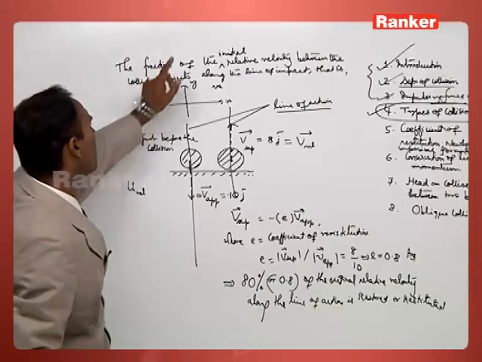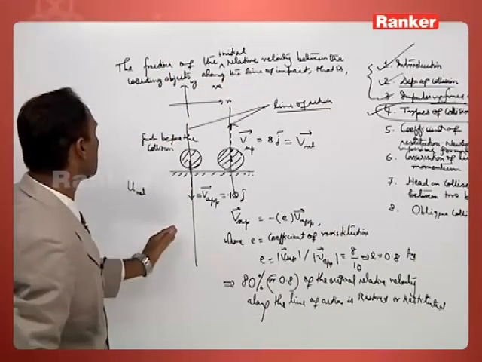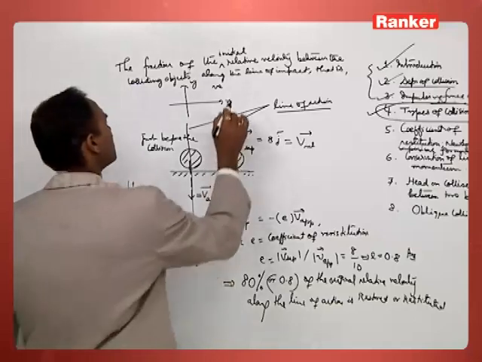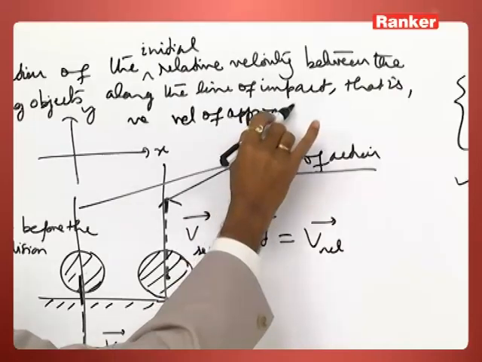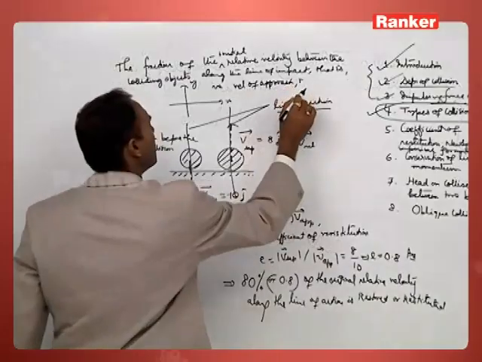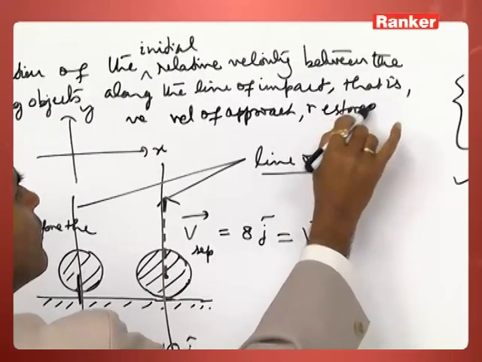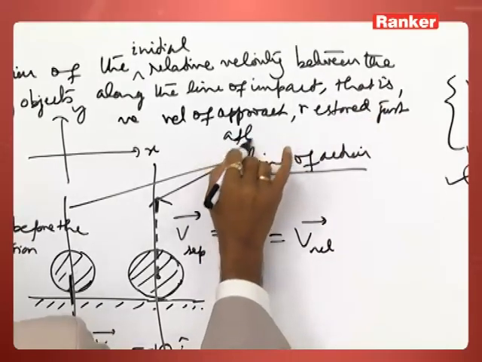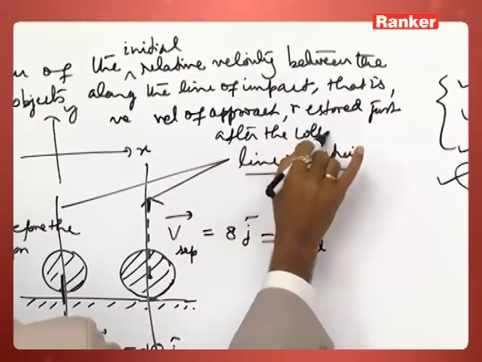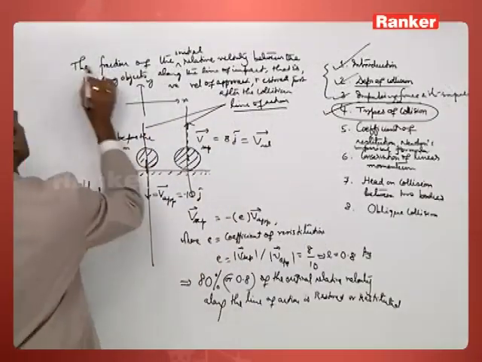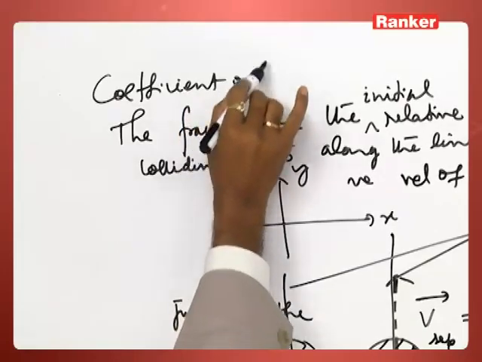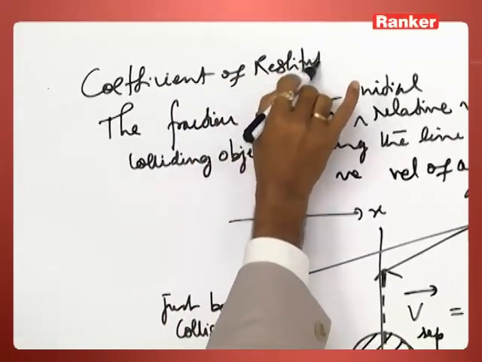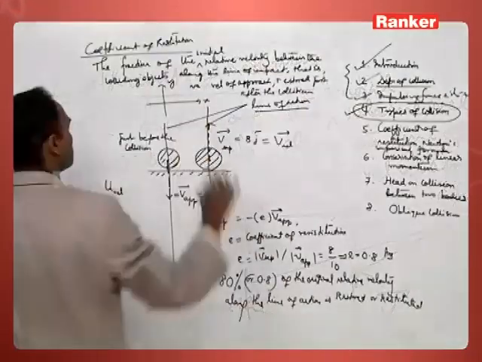The fraction of the initial relative velocity between the colliding objects along the line of impact, that is velocity of approach, restored or restituted just after the collision is called coefficient of restitution.